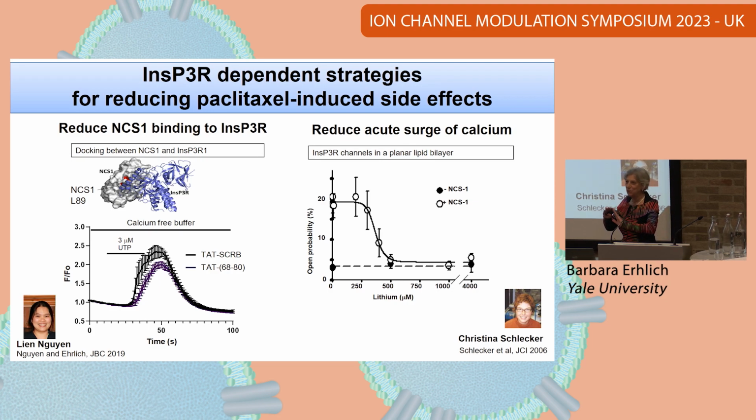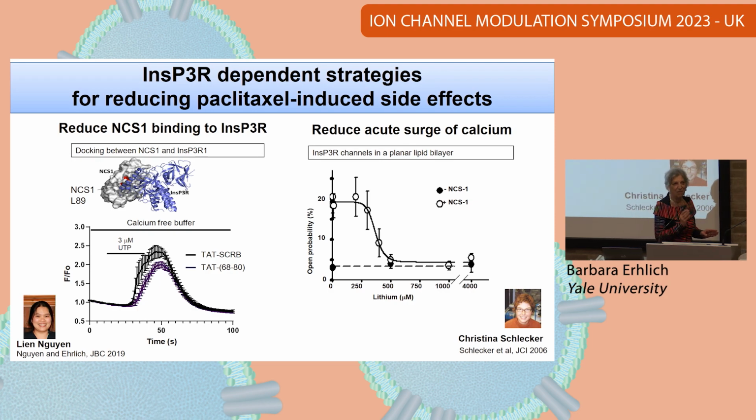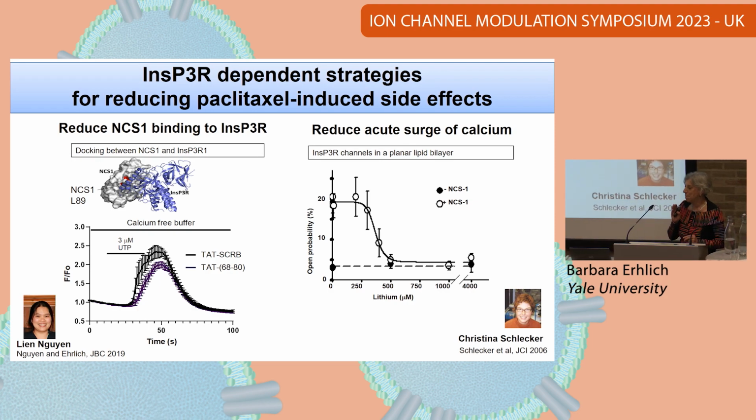We did not do a search. When we were first looking at the effects of NCS1 on the IP3 receptor, before we knew anything about paclitaxel, my student, Christina here, said she didn't want her paper to go just into Journal of Something. She wanted to go into Journal of Something, right?